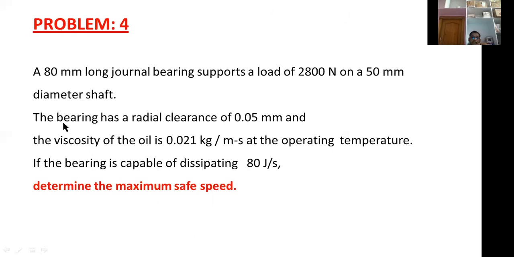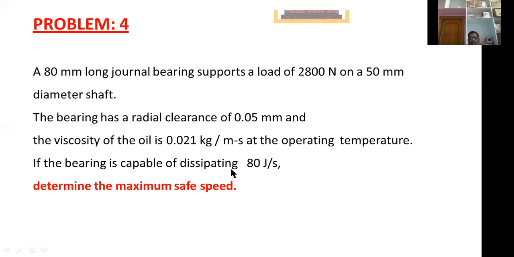The bearing has a radial clearance of 0.05 mm, and at the operating temperature the viscosity of the oil is 0.021 kg per meter second. The bearing is capable of dissipating 80 joule per second.